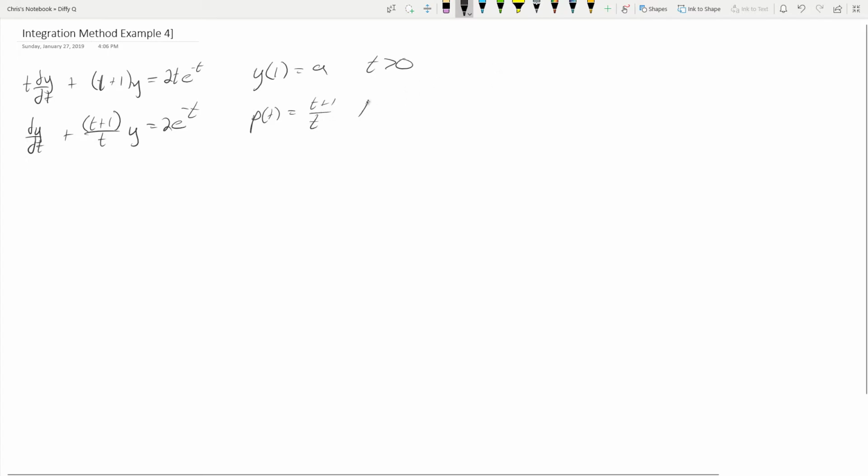Which is then, we're going to do mu of t is equal to e to the integral of p of t dt. So let's do that integral.